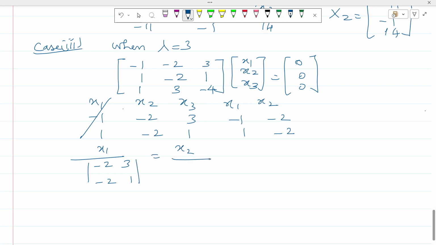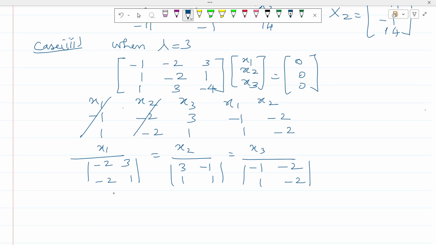For x2, leave the respective column: 3, minus 1, 1, 1. Then for x3: minus 1, minus 2, 1, minus 2.